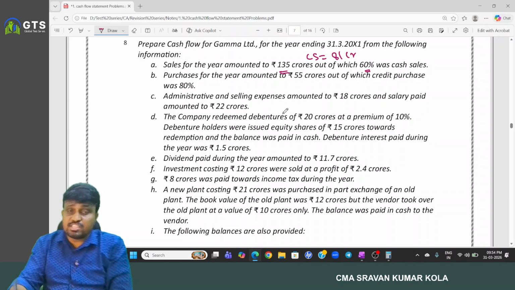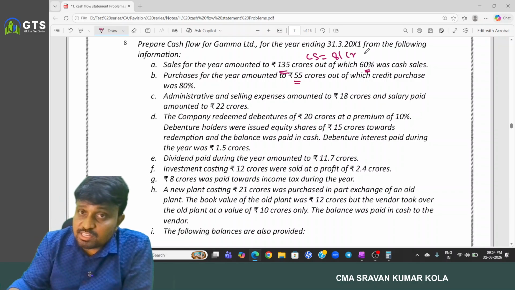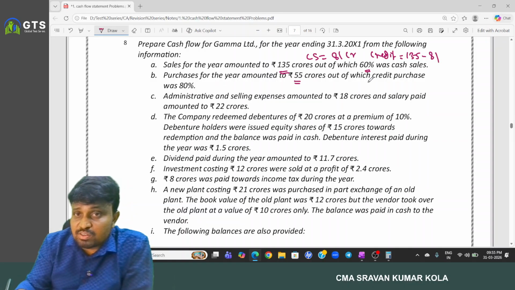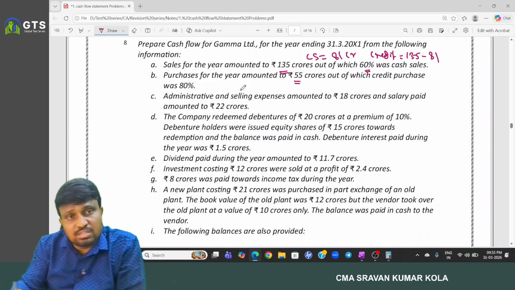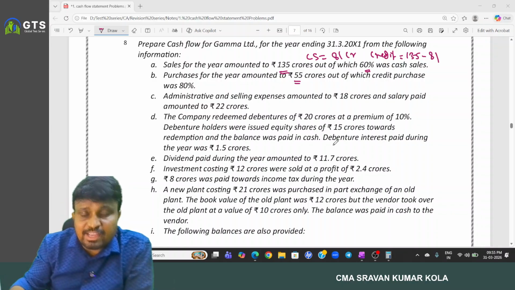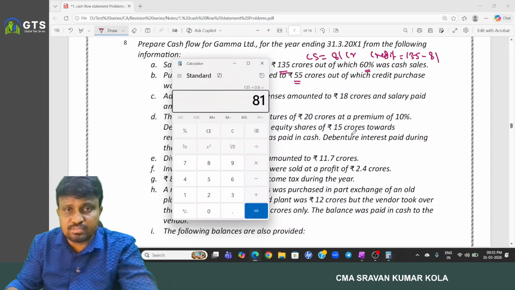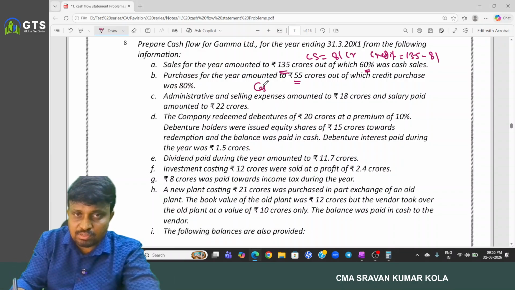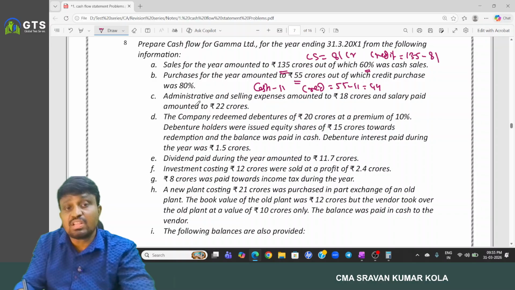The remaining are credit sales. Purchases for the year amounted to 55 crore, out of which credit was 80%, means cash was 20%. So 55 into 0.2, cash purchases are 11. Credit purchases are 55 minus 11, 44.